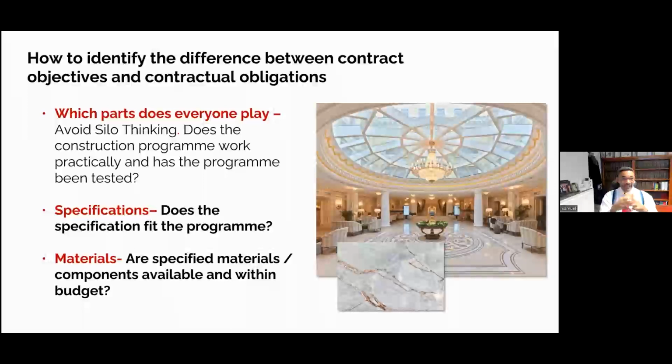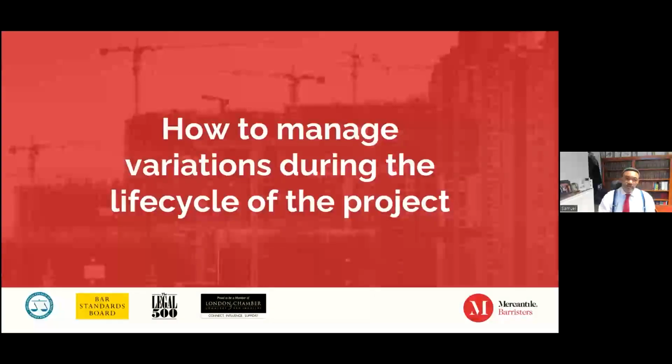You want to bring them together, ensuring that what is being articulated in the construction program is practical and deliverable, identifying that the specifications that have been put forward are obtainable and within the program, and that the materials that are specified can, of course, be acquired during the time and be able to be installed.